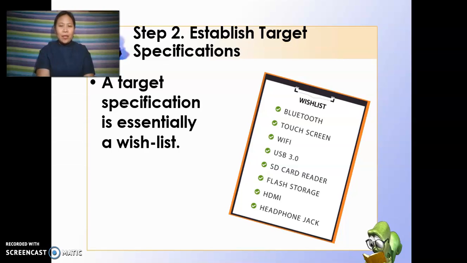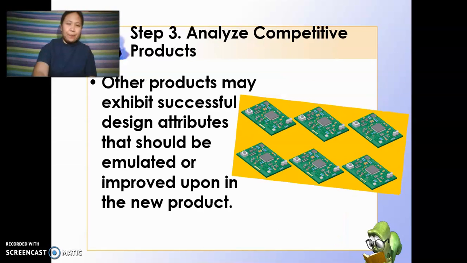In our example, in the video that you have just watched, the specifications that we included are: do we need Bluetooth, is our device touchscreen, or are we going to add Wi-Fi, or does it have USB capability, SD card reader, flash storage, HDMI, or headphone jack. So these are a set of target specifications, or a wish list.